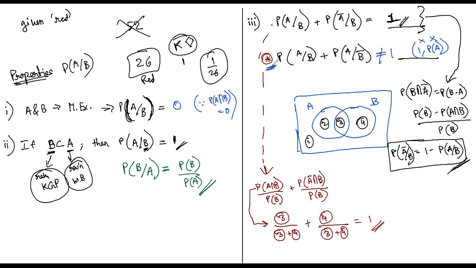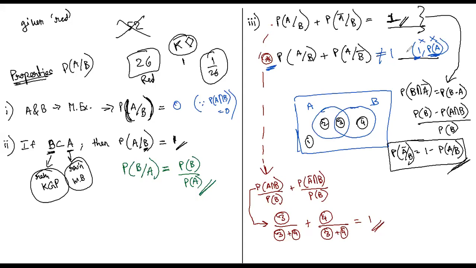Second one, did anyone have any answer? Either 1 or P of A, was anyone going to say that? No? Sir, I don't have this answer, but I have a really long answer, in terms of A intersection B, B and A. Okay, fine.